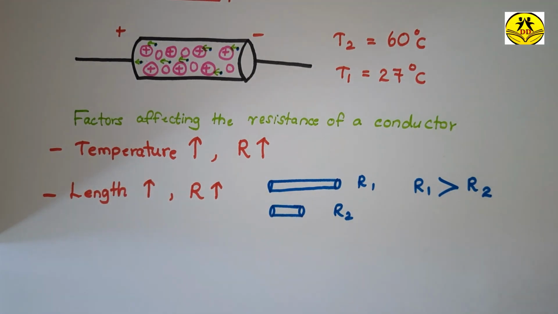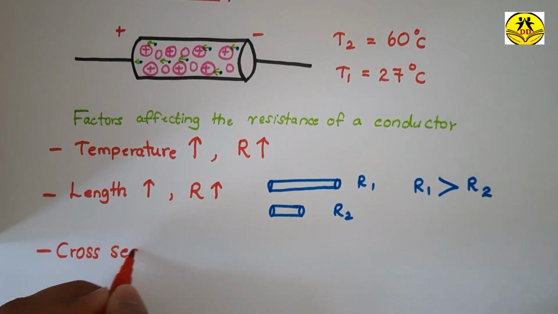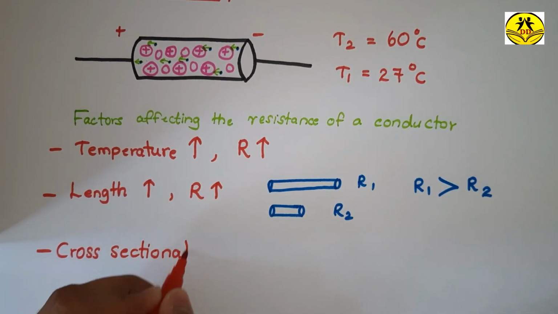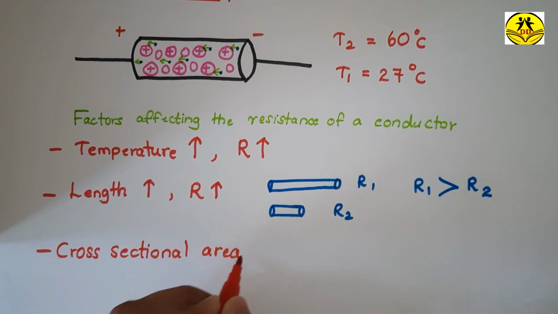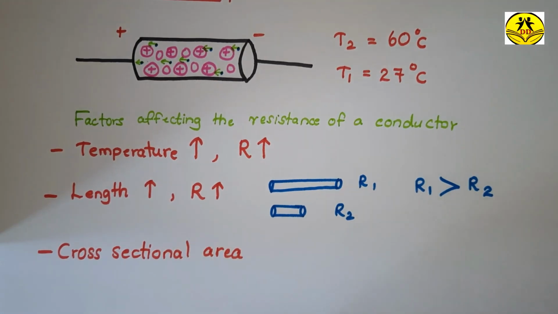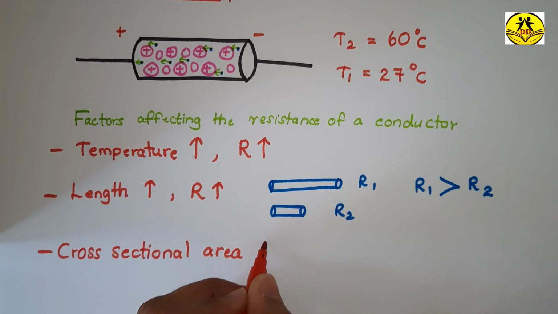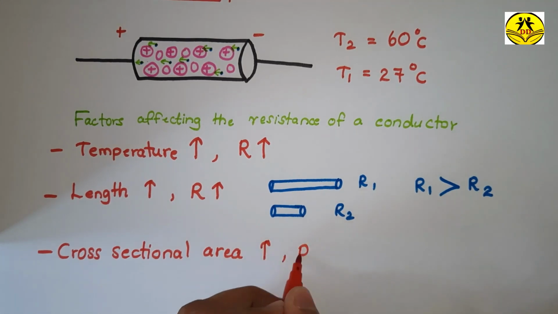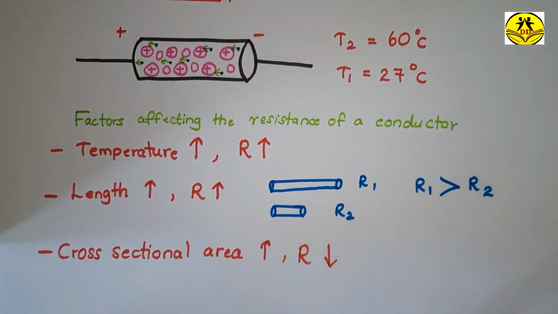So the next factor affecting the resistance of a conductor is the cross-sectional area. When the cross-sectional area increases, the resistance decreases. So resistance is inversely proportional to the cross-sectional area, like this.